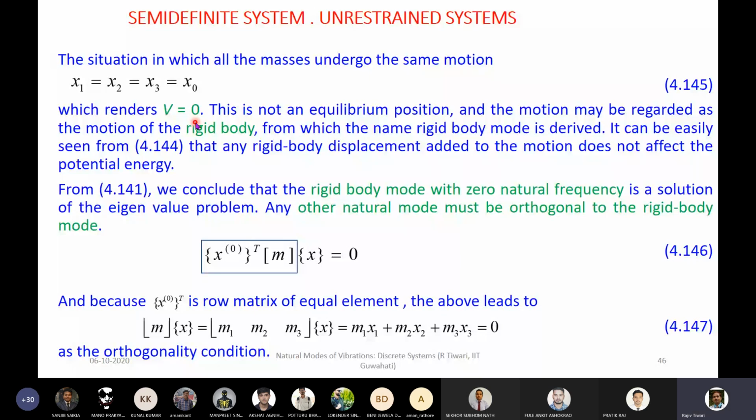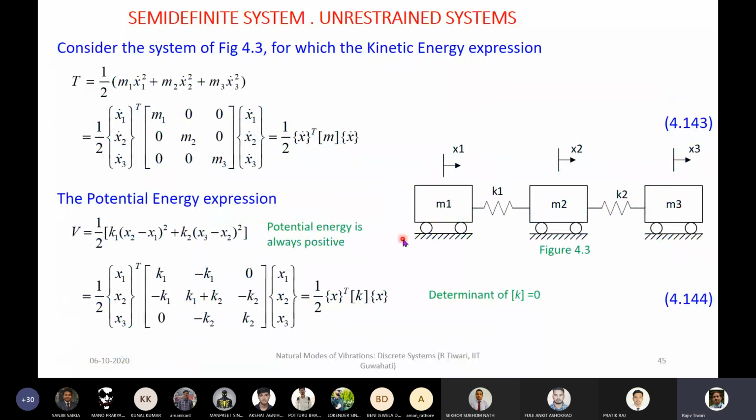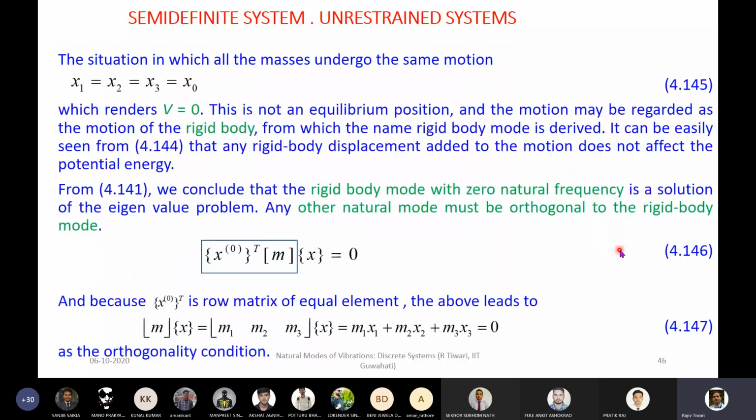The springs are there, but they are not getting extended. That means the whole system is moving as a rigid body without any extension of the spring. This is called rigid body mode, and the corresponding natural frequency will be 0. It will not oscillate. It will move in one direction only.